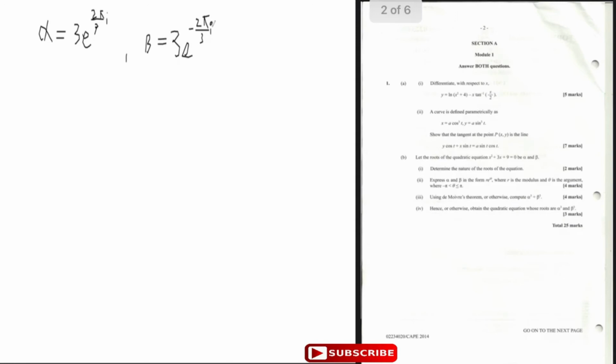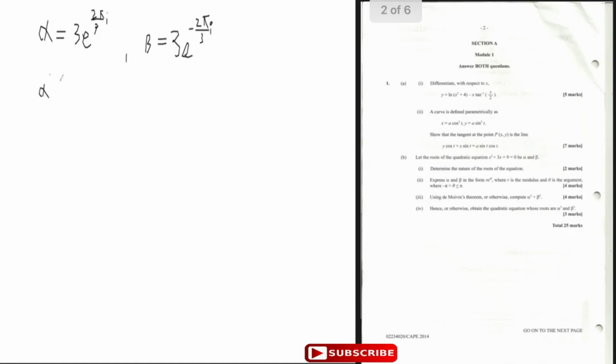Now it says using De Moivre's theorem or otherwise, compute the value of alpha cube plus beta cube. Well, which one do we want to go with? Let's go with otherwise.